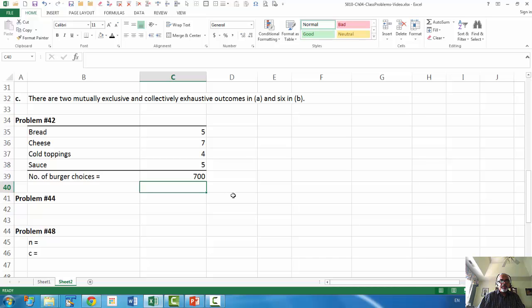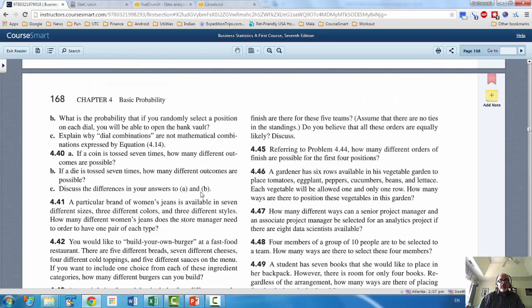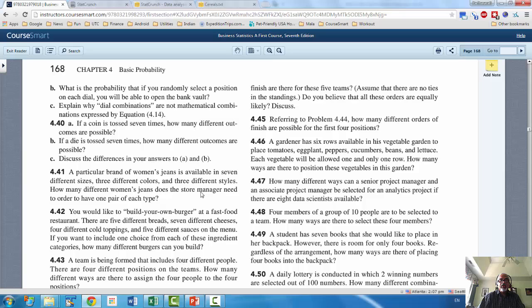Okay, next is problem number 44. In Major League Baseball, there are 5 teams in the Eastern Division: Atlanta, Florida, New York, Philadelphia, and Washington. How many different orders of finish are there for these 5 teams? Assume no ties. So all of the 5 teams you want to order.